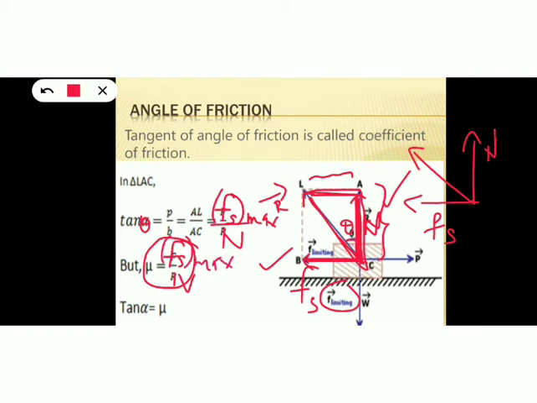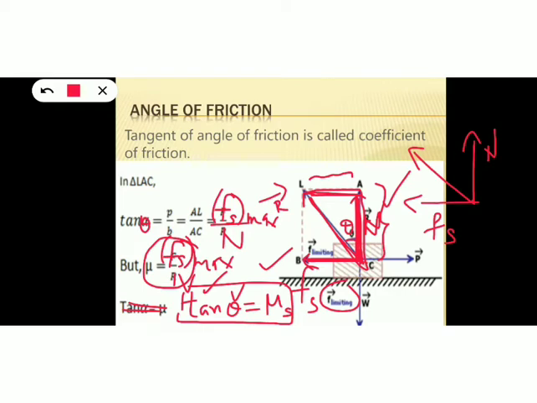So here we got the expression tan theta is equal to Fs maximum by N, that is equal to the coefficient of static friction. So tan of this angle theta gives us the coefficient of static friction, or simply the coefficient of friction.